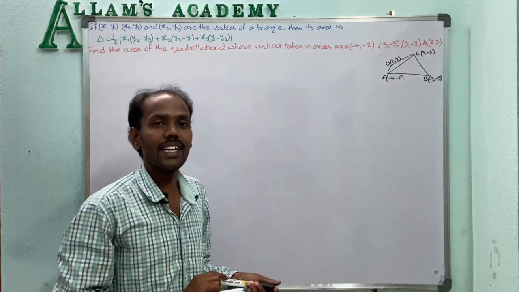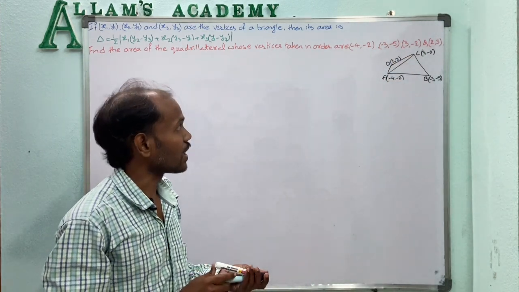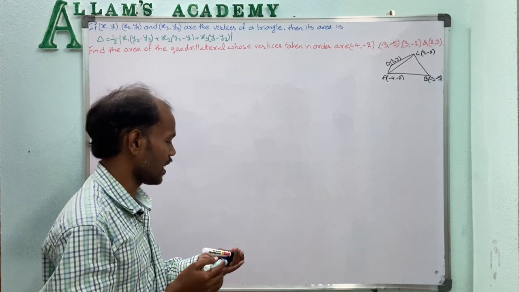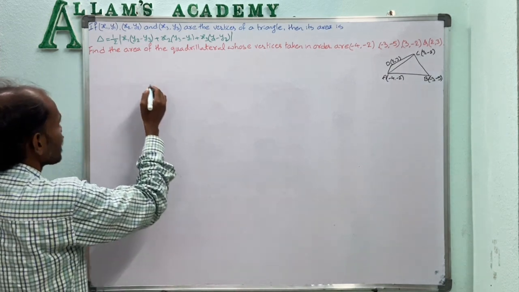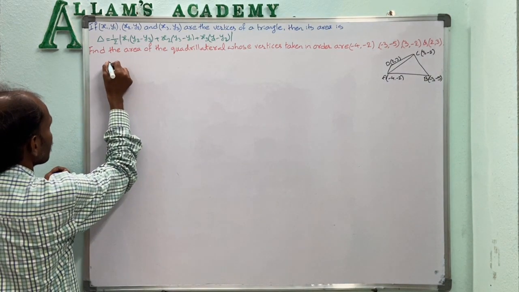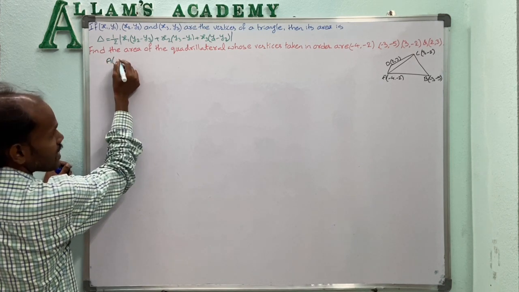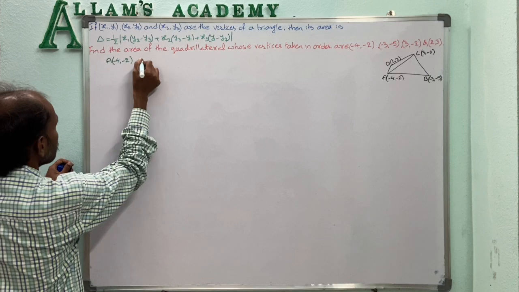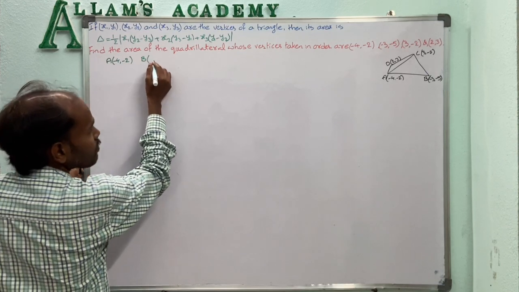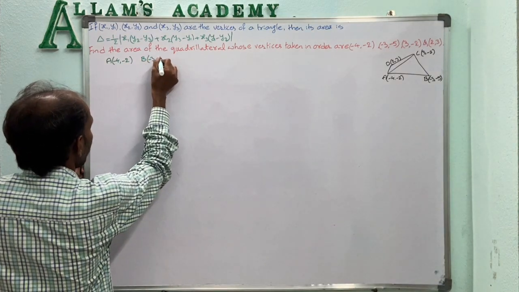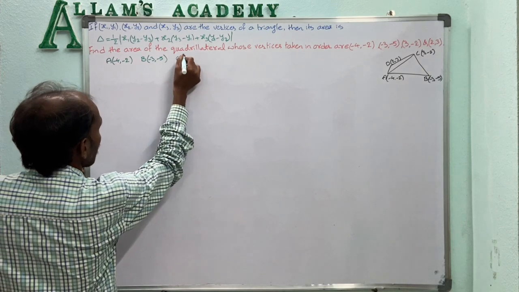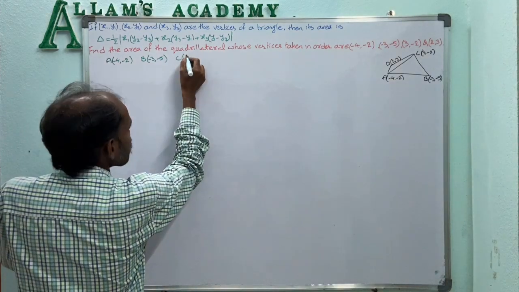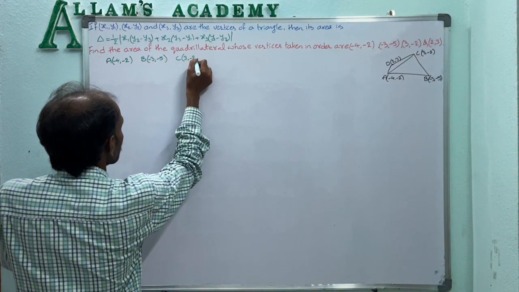Now finding the area of triangles ABC and ACD. So for triangle ABC, the A vertex is (-4, -2), B vertex is (-3, -5) and C vertex is (3, -2).